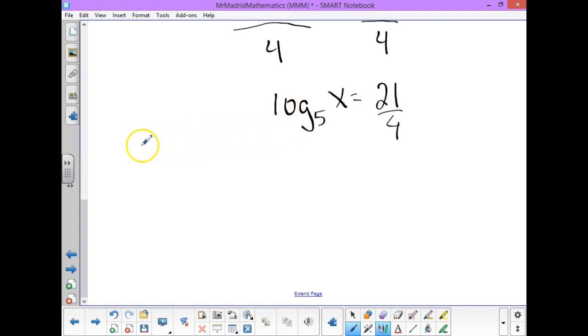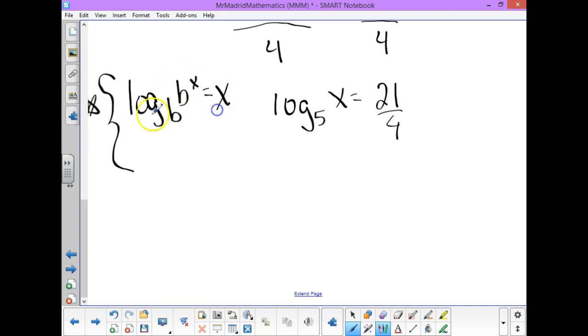What I'm going to introduce here that's new from yesterday's properties is this little bit of information. Check this out. I'm going to put a star here since it is relatively new. We did talk about log base b of b to the x equals x. This is not new.